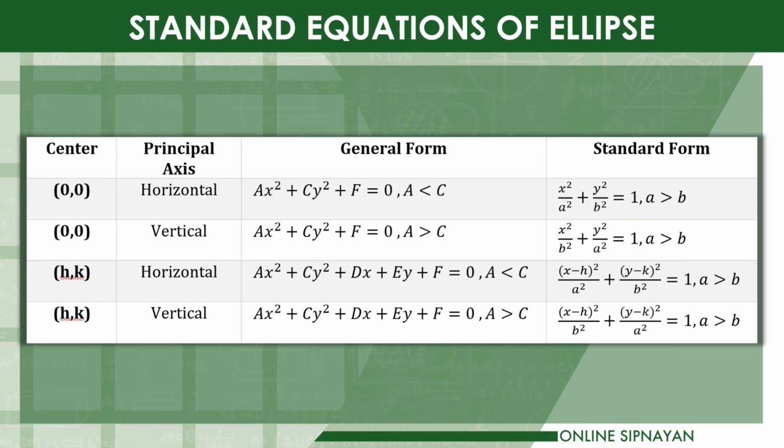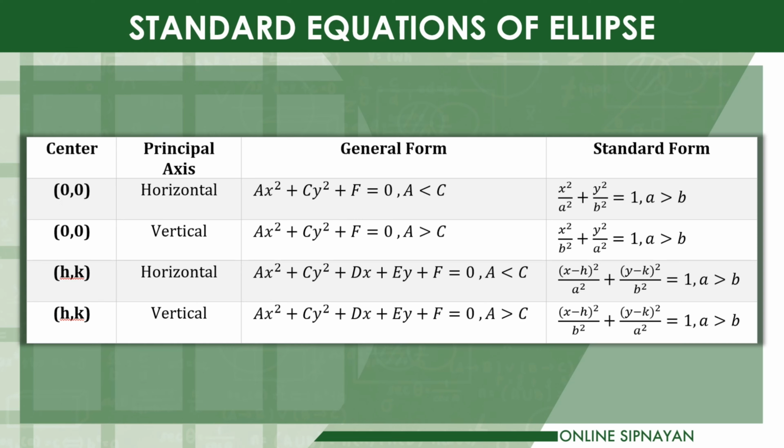Next, if the center is still at the origin but the principal or major axis is vertical, then the general form should be ax squared plus cy squared plus f is equal to 0, where a is greater than c. And the standard form is x squared over b squared plus y squared over a squared is equal to 1, where a is greater than b.